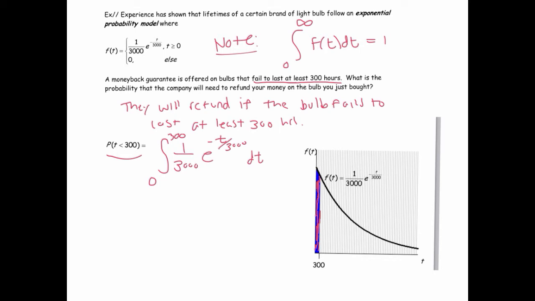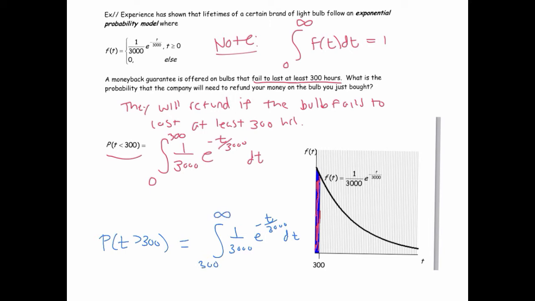If you wanted the probability that the bulb will last more than 300 hours, you would use the same function inside and integrate from 300 to infinity.